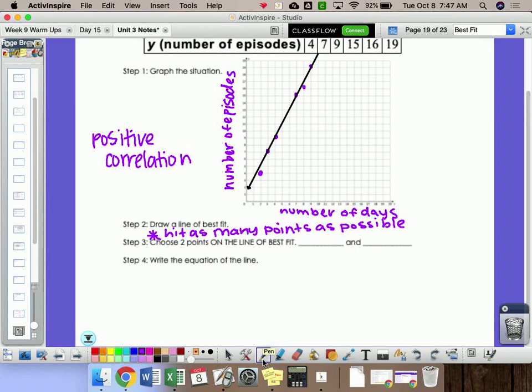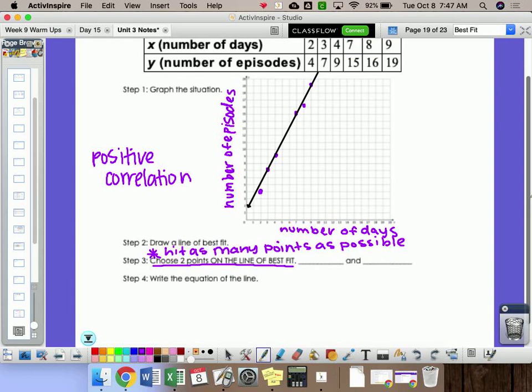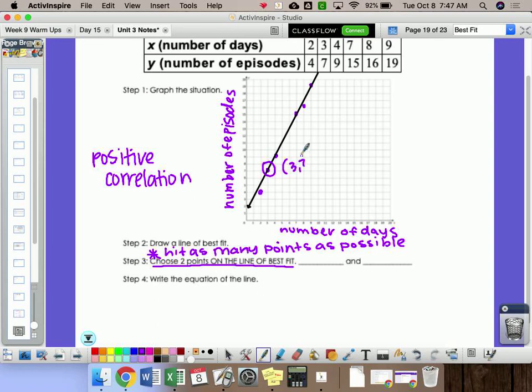Once I have my line of best fit, I need to choose 2 points on that line. I cannot choose the points that I did not hit. So I'm going to pick 2 of these. I'm going to use my table too to help me out, to make sure I'm using the right points. I'm going to choose 3, 7, because that's on my line.